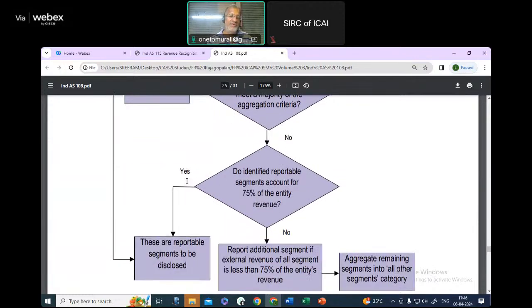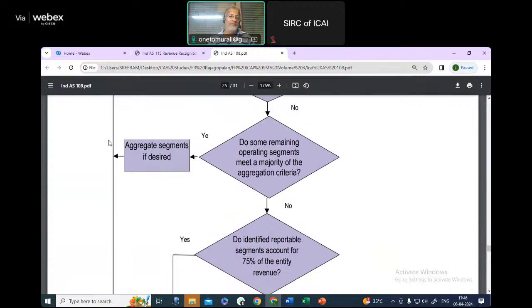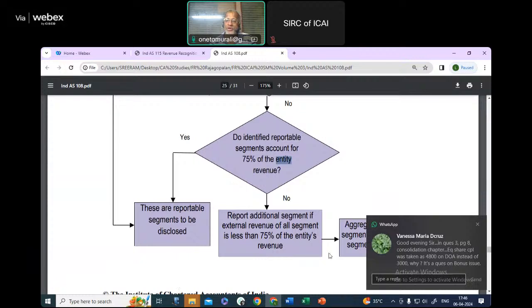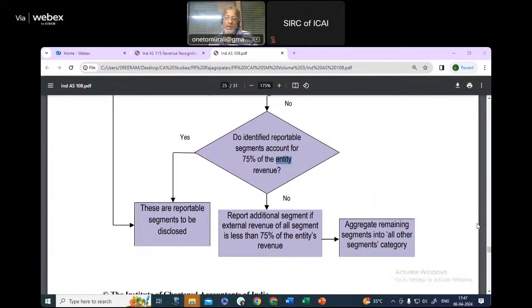No and yes, we do have to identify reportable segments accounting for 75% of the entity's revenue, excluding internal revenue. If yes, take it up. If no, report additional segments.